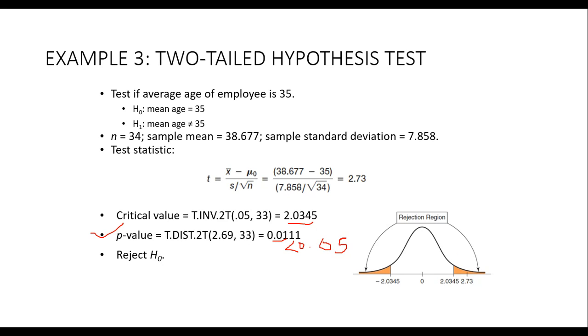So critical value is 2.03, and t is here. It lies in the rejection region. So using both ways, we show that we have to reject H0, that mean age of the employee in a company is 35. So it is not equal to 35.